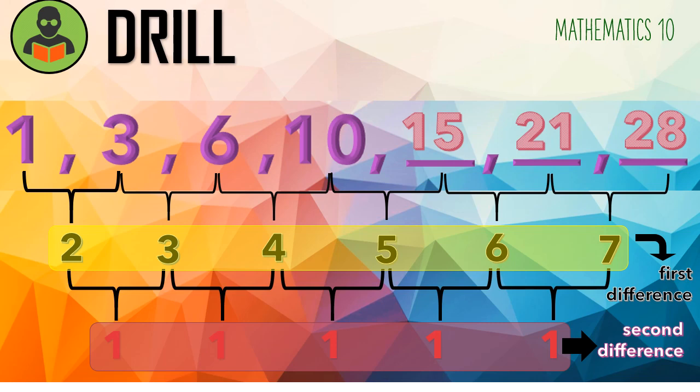So if this is the case, that means we can now get the general term of this sequence using different steps compared to what we did for sequences which have a common or constant first difference.